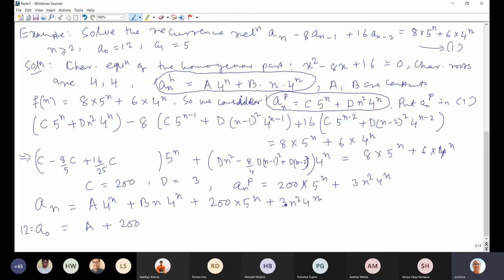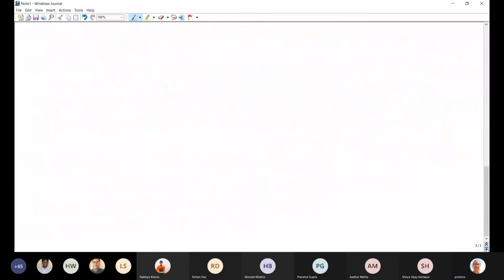So A is equal to 12 minus 200, which comes out to be minus 188.